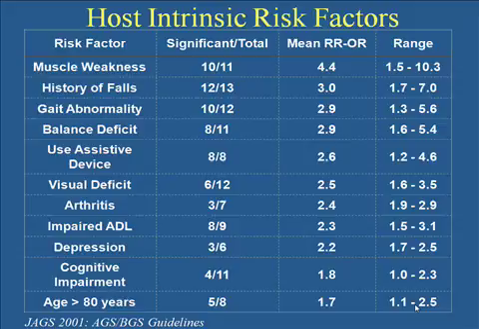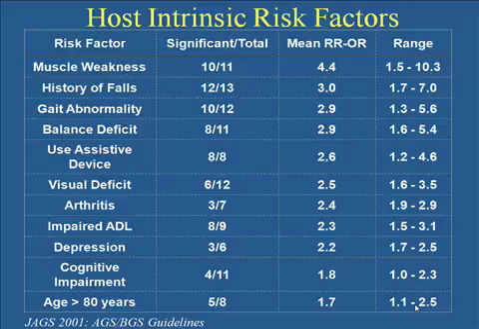Having a history of falls, not surprisingly, increases the risk of falling. Having abnormality of gait increases the risk of falling. Using assist devices, again, a marker probably for a balance deficit, increases one's risk for falling. We've already discussed arthritis.